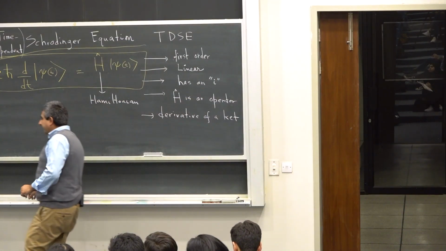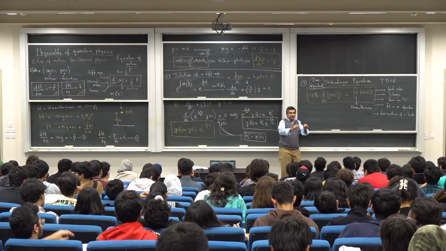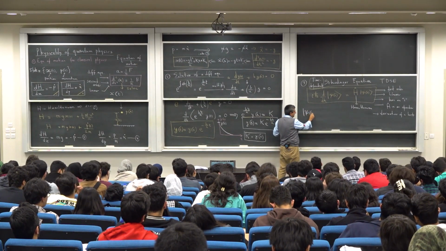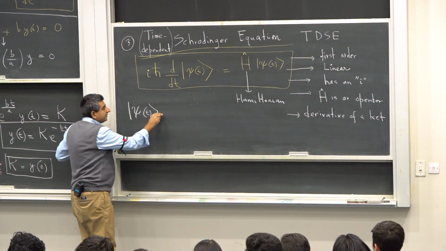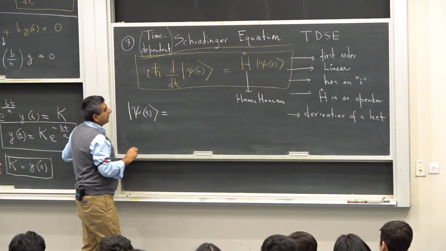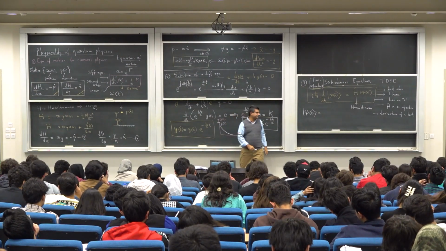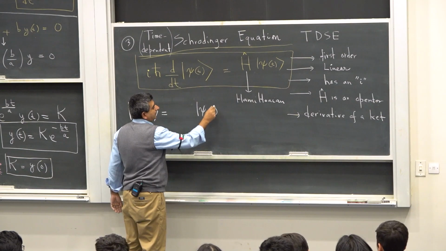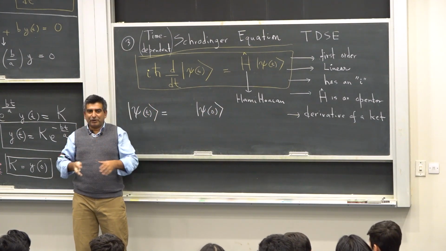So on the left hand side, the solution to this time dependent Schrodinger equation is psi at time t. This is a ket. This equals, now I need to know the quantum state at time t equals 0. This is my quantum state at time t equals 0, but now this is a ket.